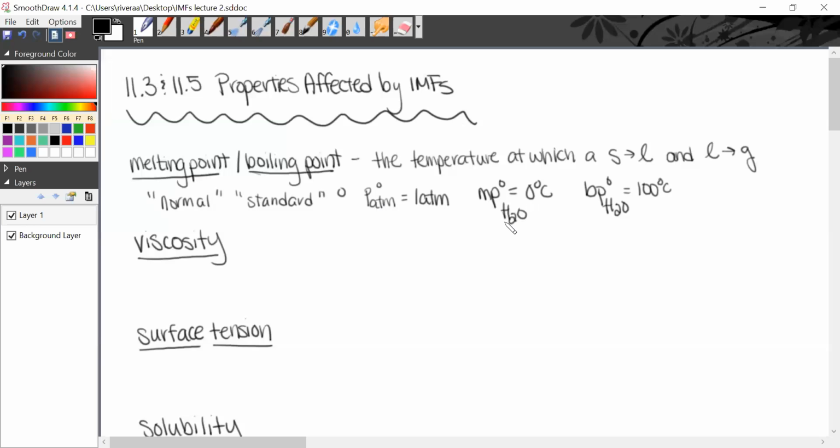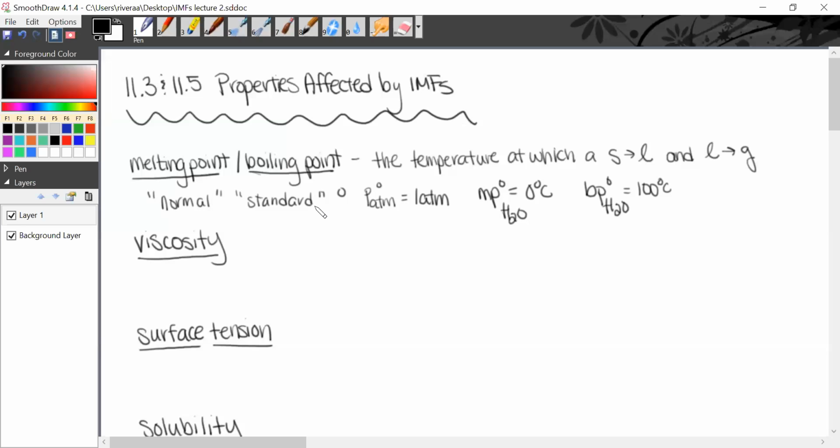What I want to talk about today is how do intermolecular forces affect melting point and boiling point? And don't memorize these things, you guys. Just think about them. IMFs are the things holding samples together. So if you have a strong IMF holding those molecules together, they're going to be harder to melt and harder to boil.